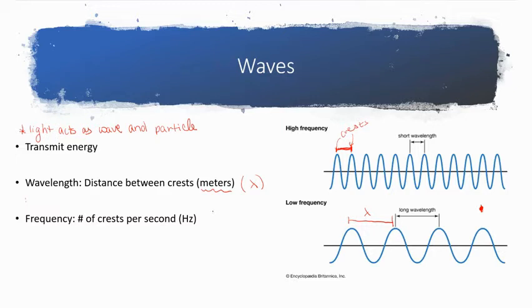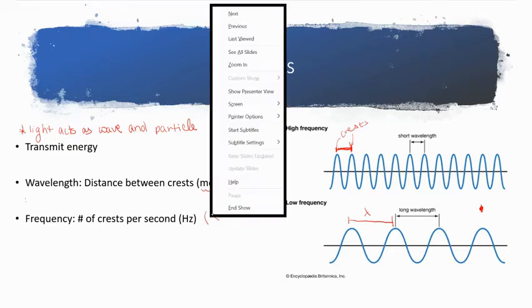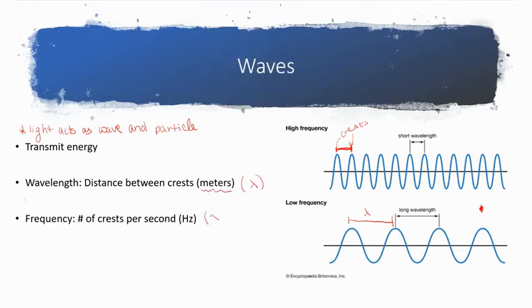Okay. And we are going to use the Greek letter nu, kind of like a little fancy V, to represent frequency. So the number of crests that pass per second is going to be frequency.